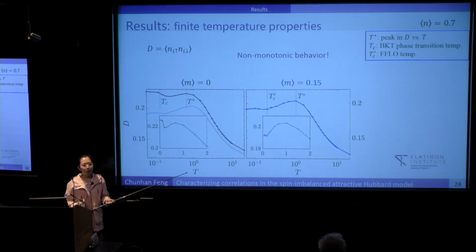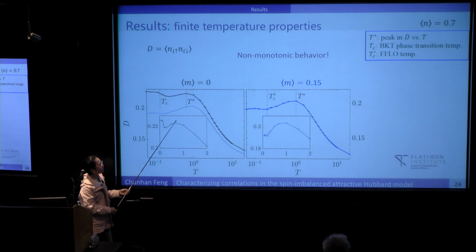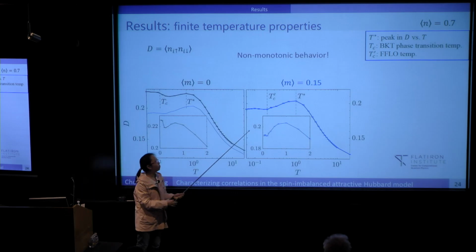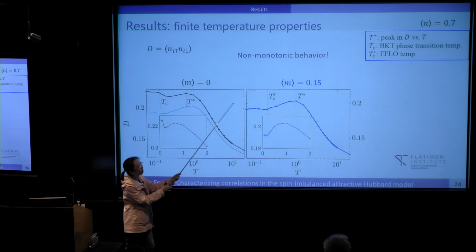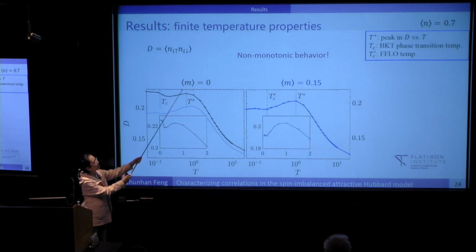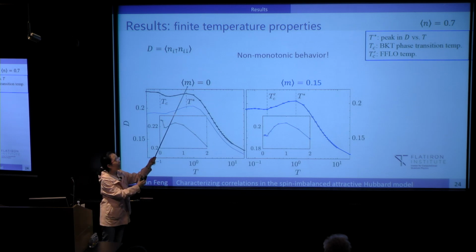So now I will discuss some finite temperature properties of the system. The first quantity we look at here is the double occupancy. And interestingly, we can see there is some non-monotonic behavior in both the spin-balanced and spin-imbalanced cases. Later, I will show you many results. On the left-hand side, it will always be the spin-balanced case for m equal to 0.